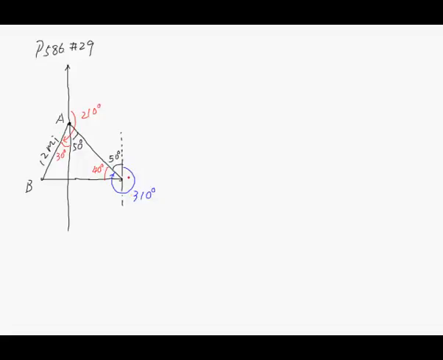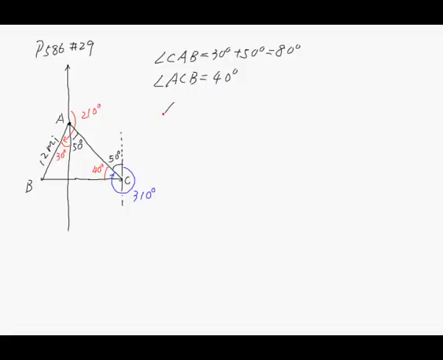Now let me call this point A, this point B, and this point C. Then angle CAB is equal to 30 degrees plus 50 degrees, which is equal to 80 degrees. You also know the angle ACB is equal to 40 degrees.